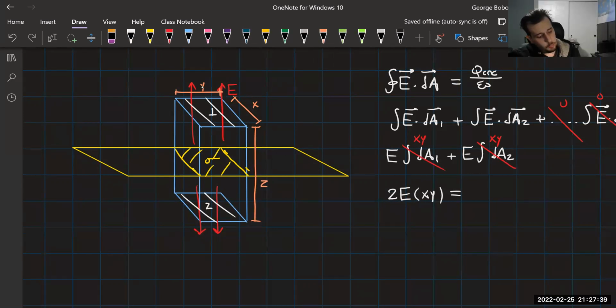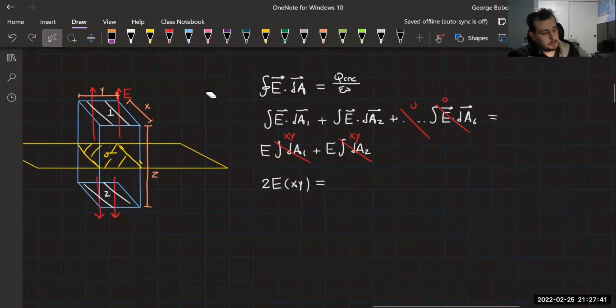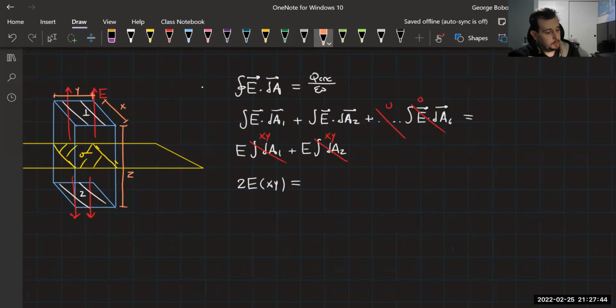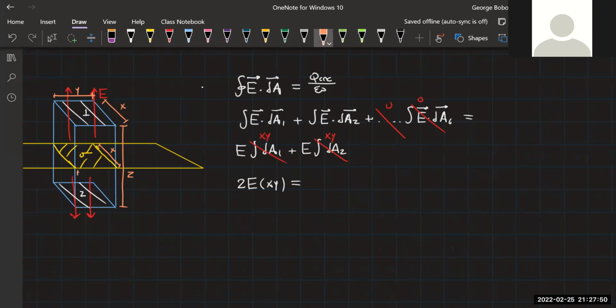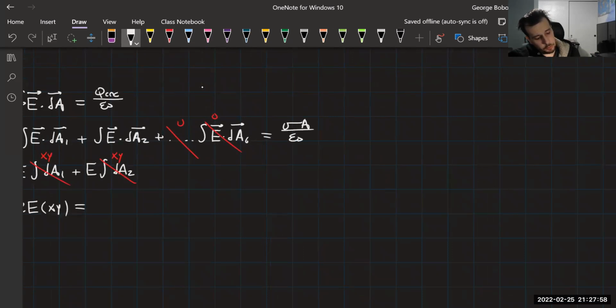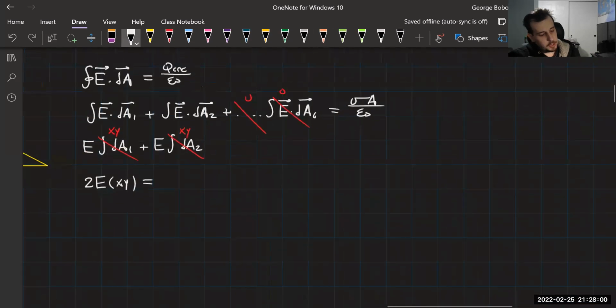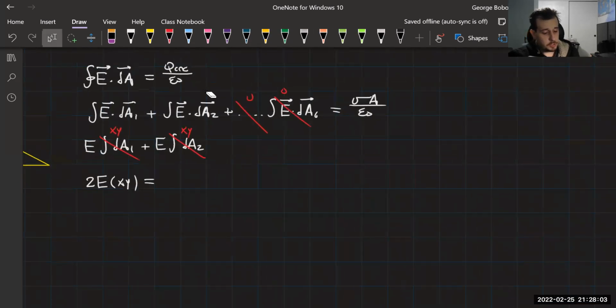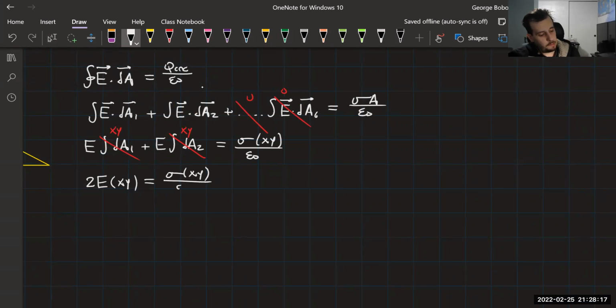And what do you think the area is going to be? X and Y. So we get sigma times that area over epsilon naught, very correctly. That area is just XY, so sigma XY over epsilon naught, and we get sigma XY over epsilon naught here too.